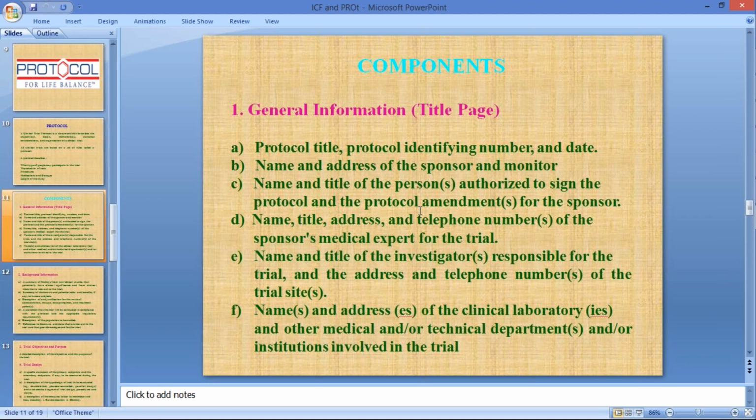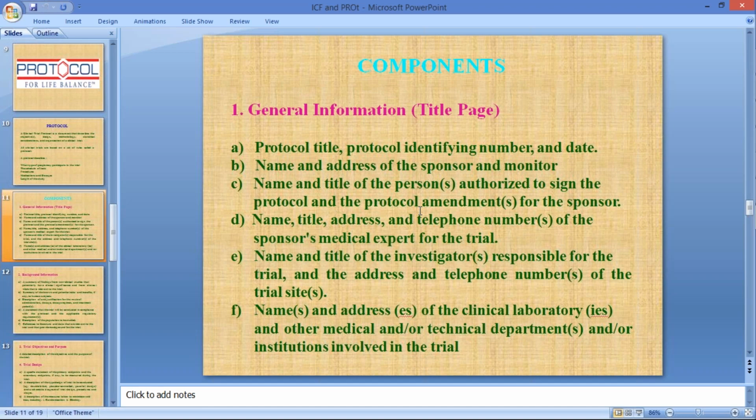So name and address of the sponsor. And the monitor. The monitor is a CRA, Clinical Research Associate.